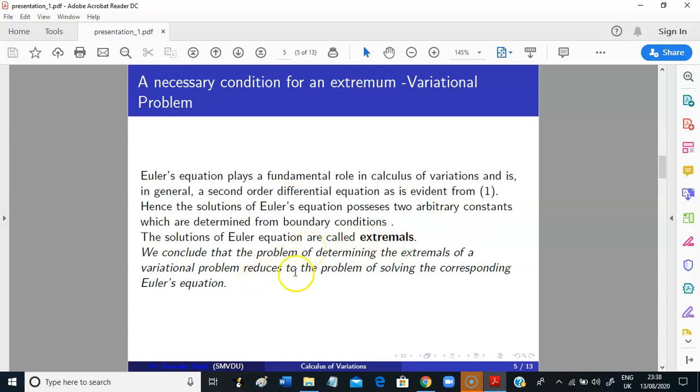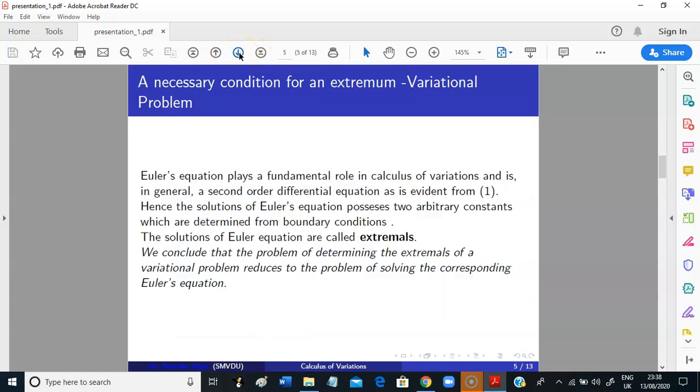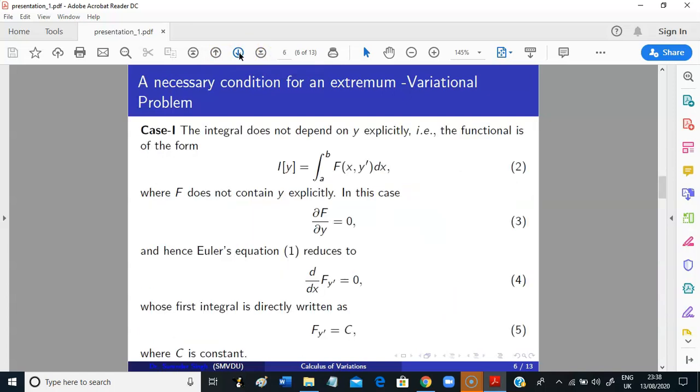Now we conclude that the problem of determining the extremals of a variational problem reduces to the problem of solving the corresponding Euler equation. This Euler equation has a proof, but in this lecture I am skipping the proof. Here I am giving some special cases of this equation. We will discuss the proof in the next lecture.